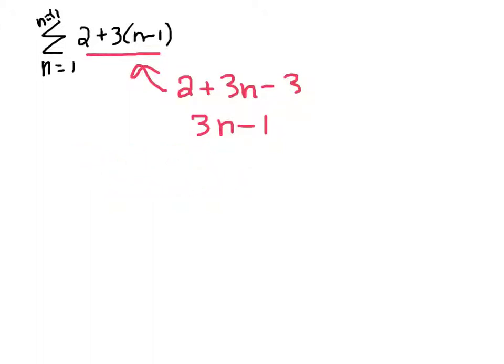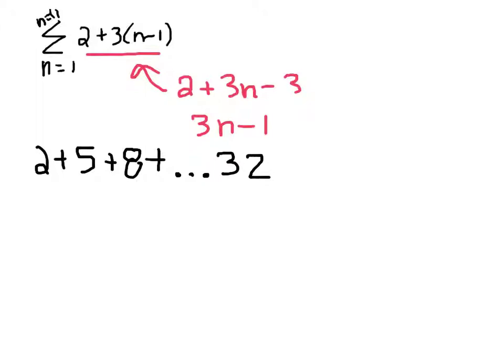Because this is a series, I need to write this as 2 plus 5 plus 8 plus, and you can at this point go dot, dot, dot, plus the last term. The last term is going to be 33 minus 1, 32. So you're finding the sum of the first 11 terms.